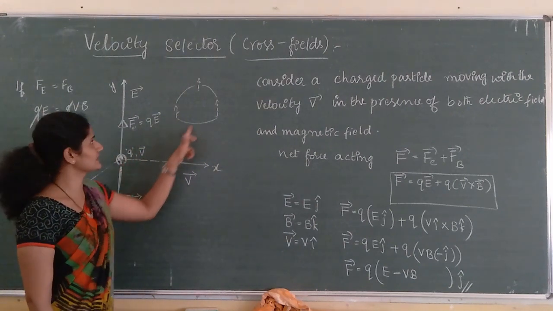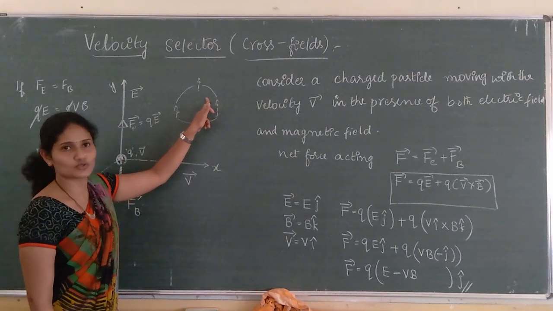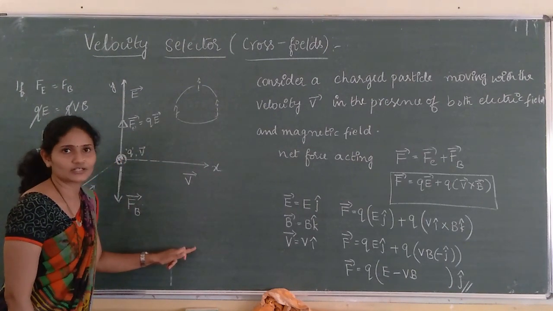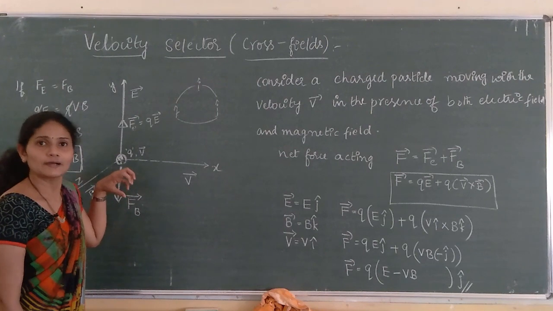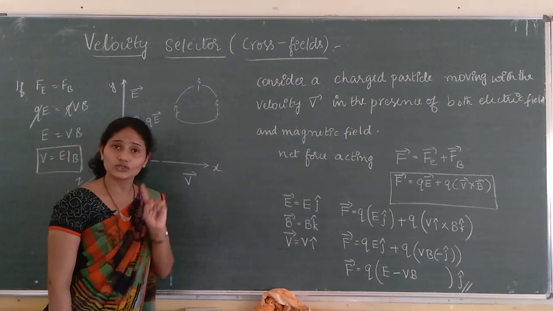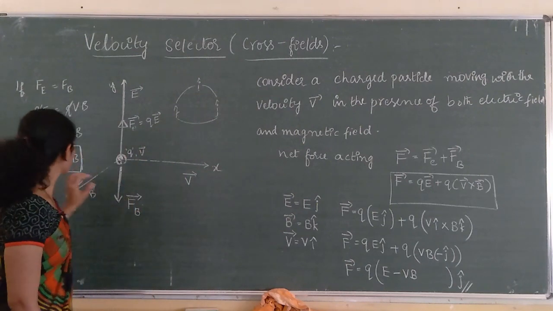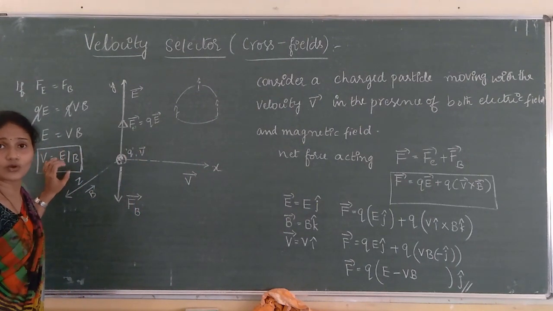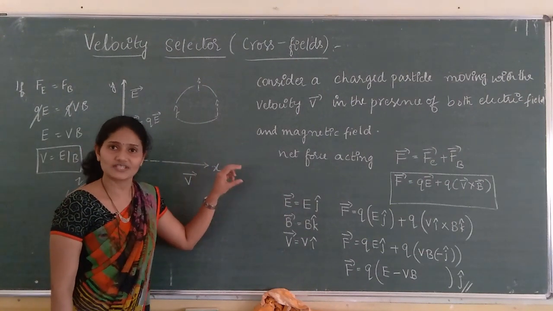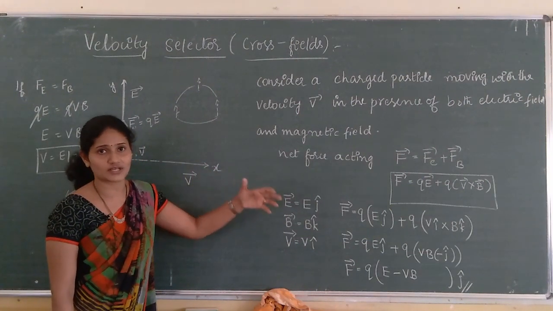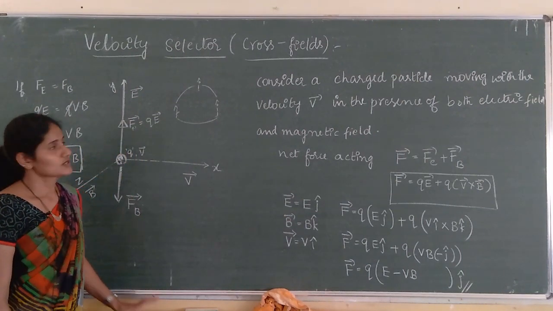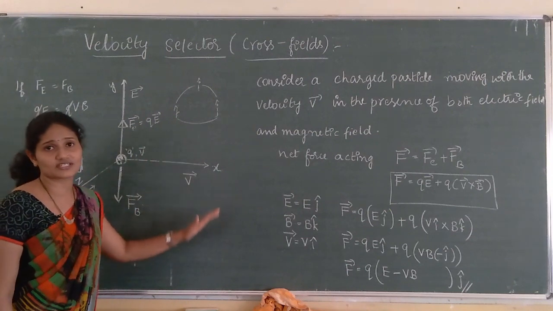Either it will go like this, or it will be absorbed by the plate, or it will go like this. It will be absorbed by the plates. It will not cross the field. Only those electrons having velocity equal to E by B can cross the field, and those electrons can be used for some nuclear reactions. So, this is the working of velocity selector.